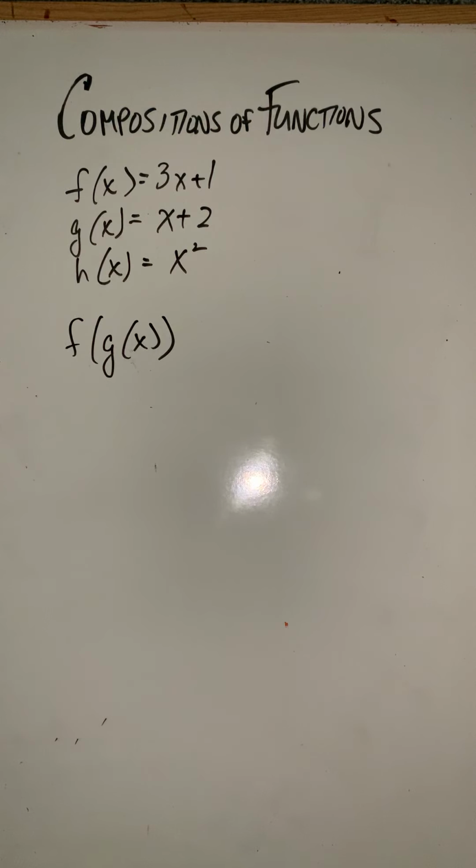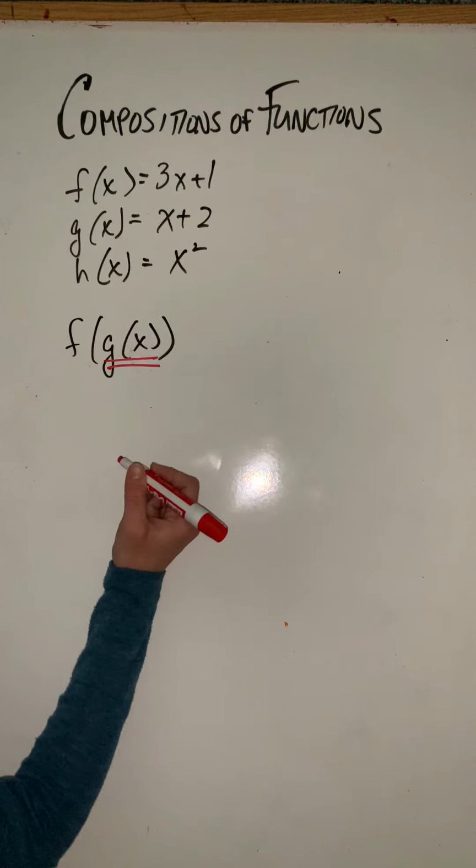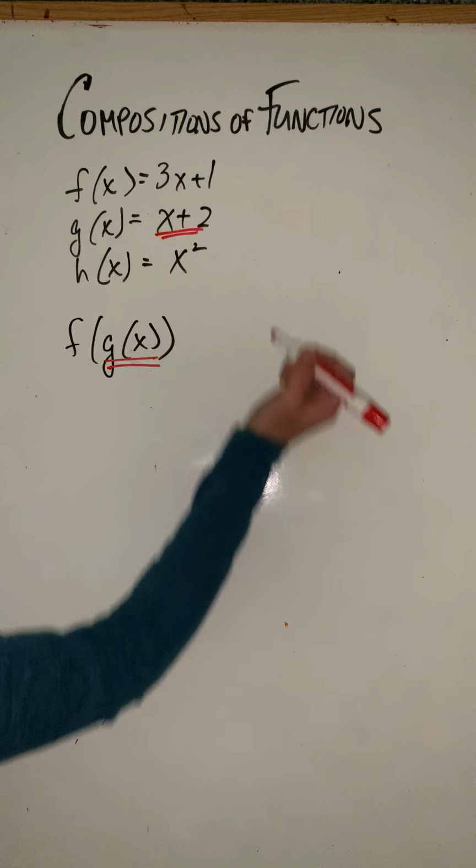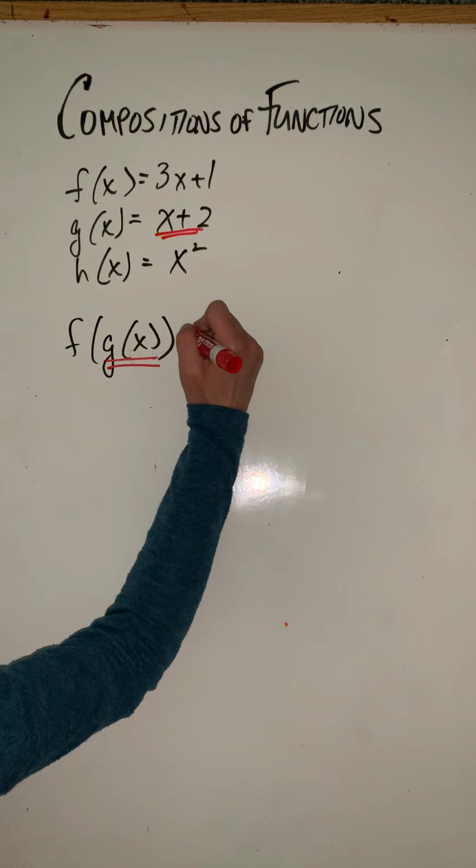Okay, so in order to evaluate, we are going to do the same thing that we just did, right? Except that our answer, instead of being a number, is going to be an expression involving x. So we're going to replace g of x with what it's equal to, which is x plus 2.